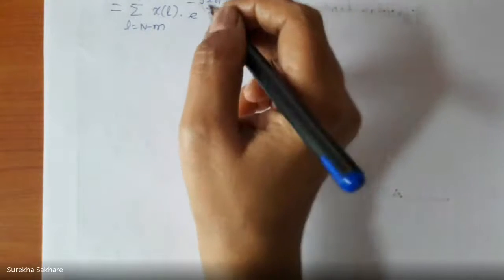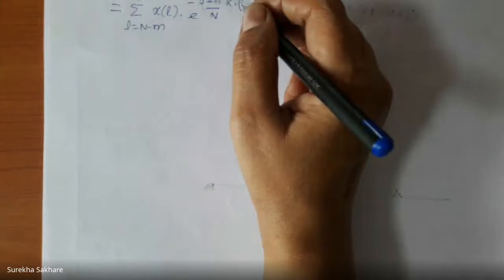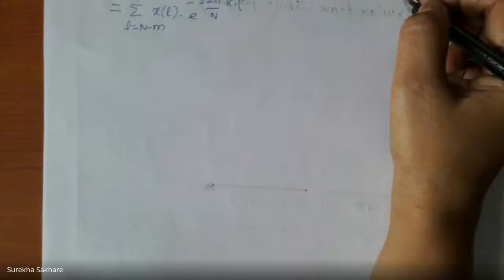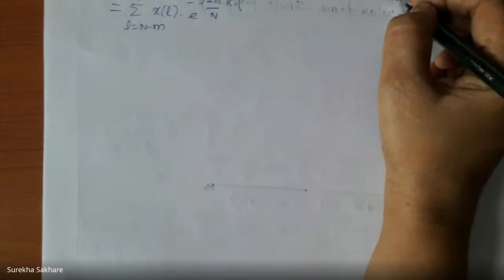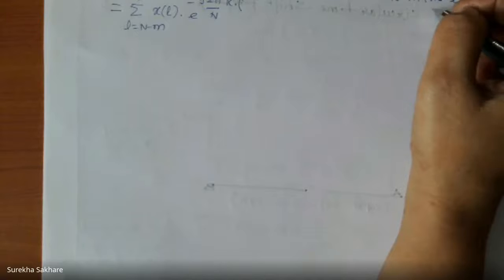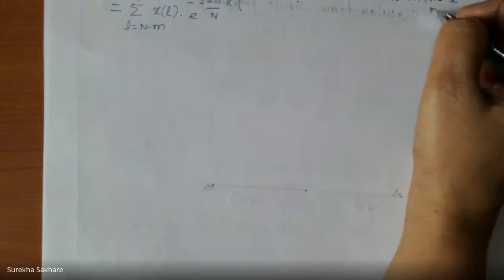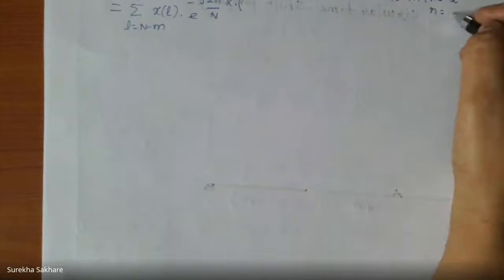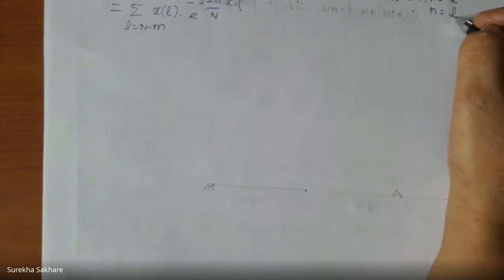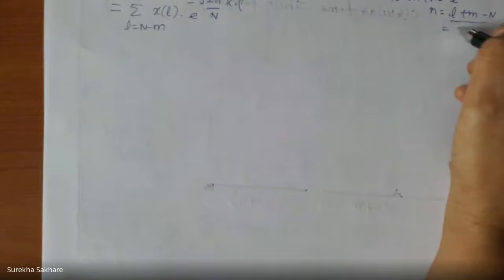Now n is changed, you can just rewrite here, n minus m plus N is equal to L. So n will be replaced as n is equal to L plus m minus N. Okay, this I will write as L plus m minus N. Rewrite it.